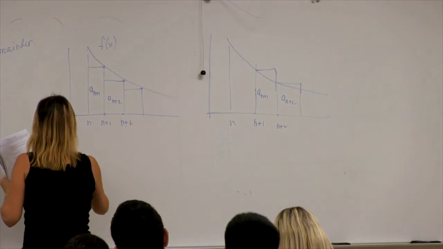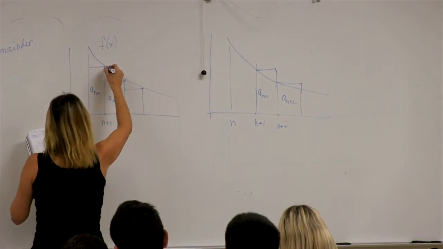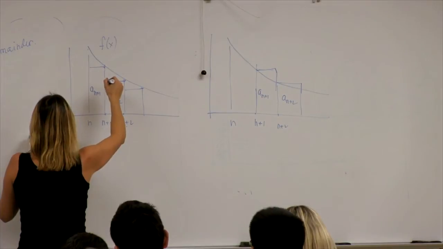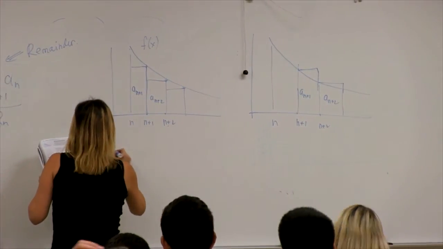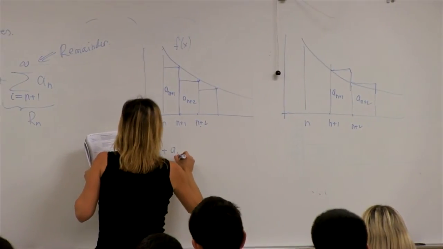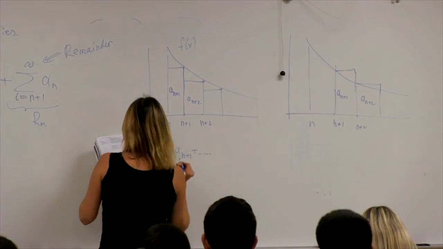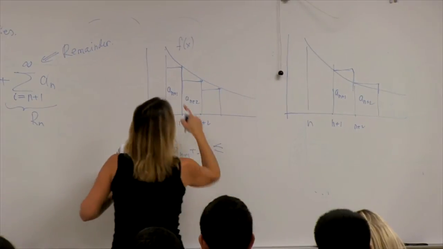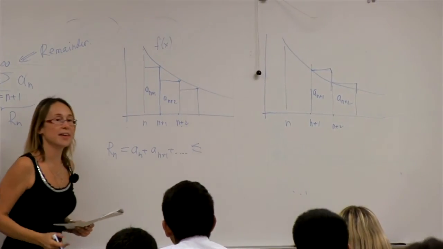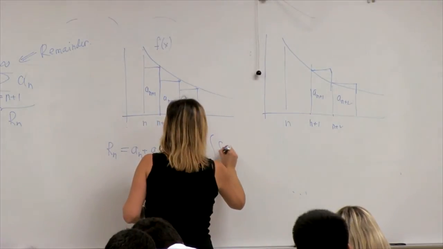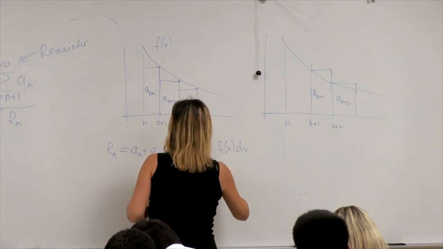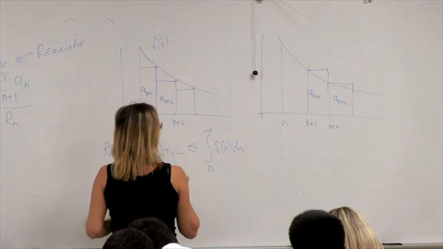So Rn is the sum starting from here. Okay? It's a n plus 1, and so on up to infinity. This is less than the integral by construction. And I'm integrating the function f of x dx starting from n to infinity.